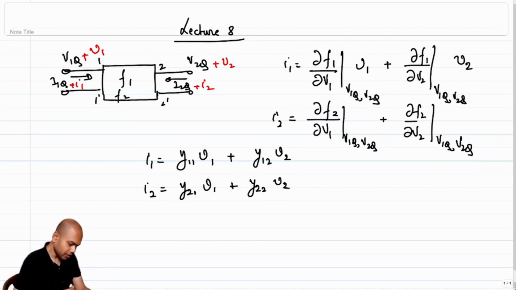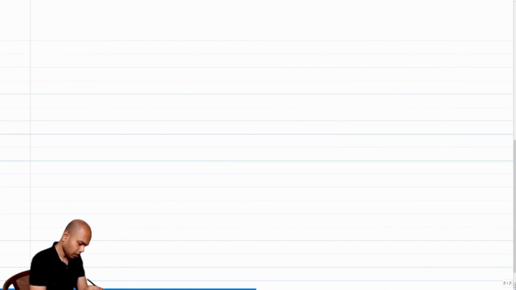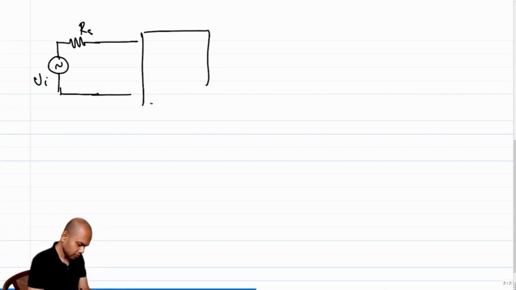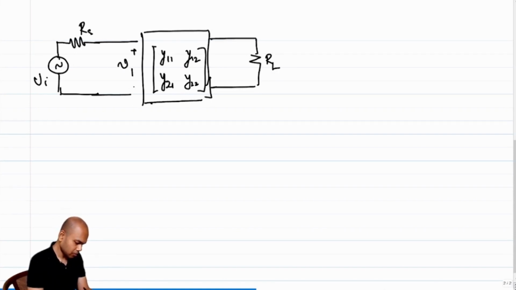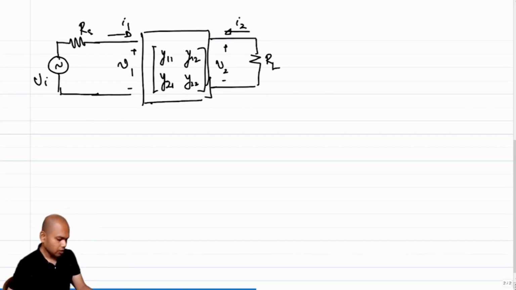Okay, fine. Then we also said that now if we go completely into the incremental domain and apply an incremental voltage to this Y parameter network, which is incrementally expressed as, right.